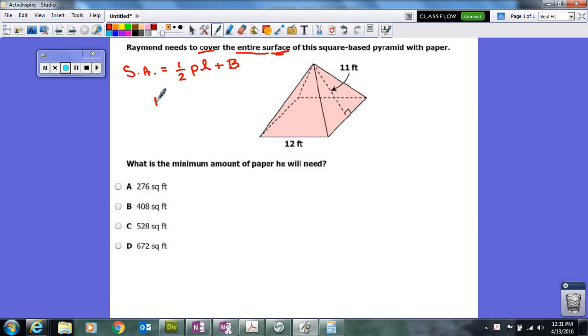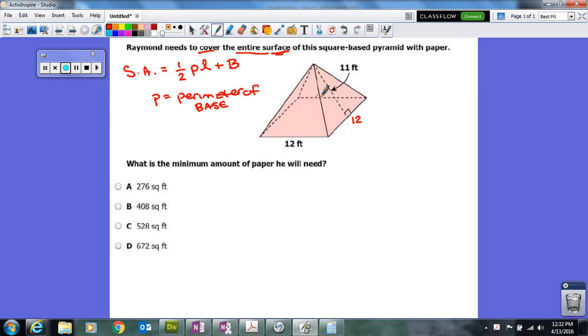P is the perimeter of the base. And in this particular pyramid, it's a square base. So if it's a square, all the sides are the same length. So this side is 12 feet, and this side here would be 12 feet.